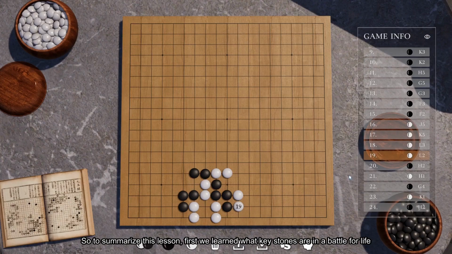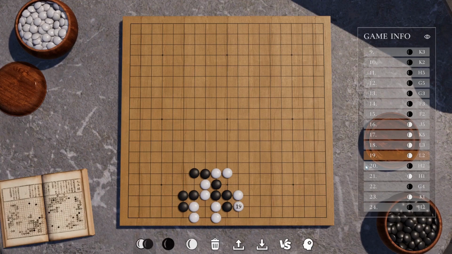So, to summarize this lesson, first, we learned what keystones are in a battle for life. They are the stones closely connected to the opposing stones in the race, often called keystones. And when taking away liberties, we must prioritize taking the keystone's liberties.